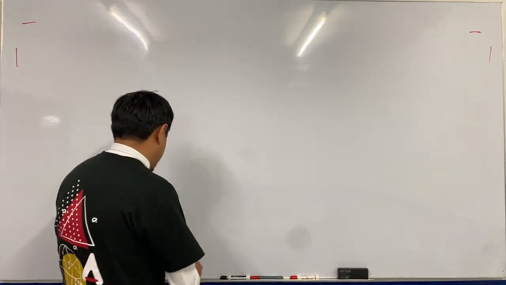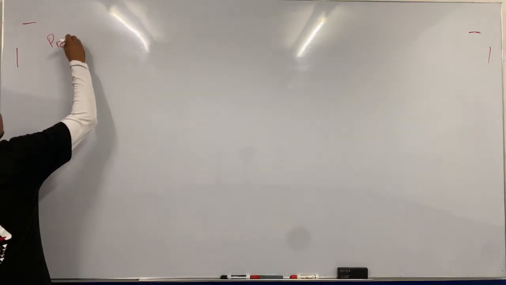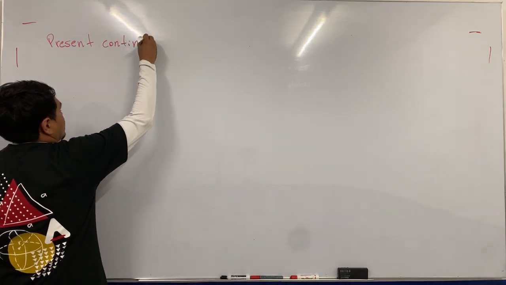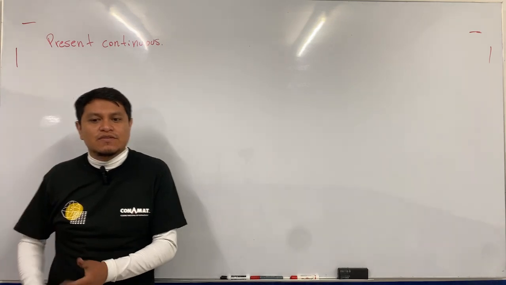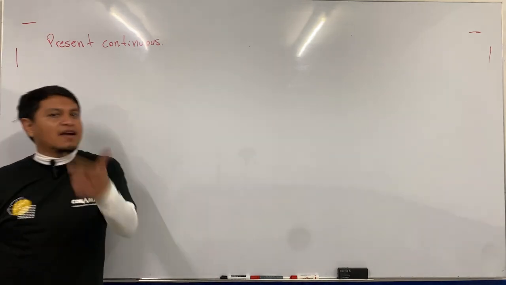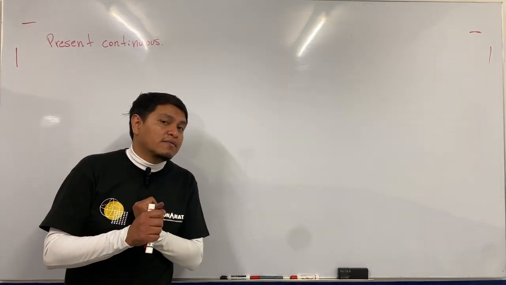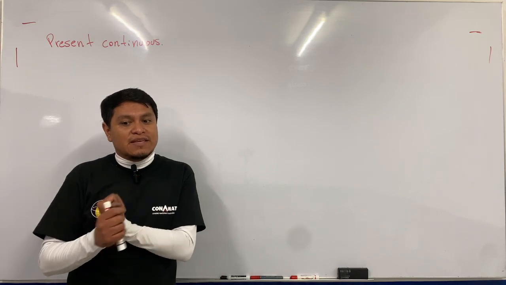It's the next topic. This is the next topic. Present continuous. In affirmative, negative, and interrogative form, this is the part one. Repeat. Part one of present continuous.